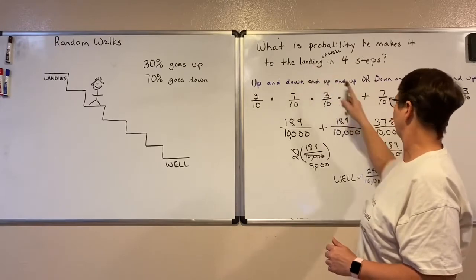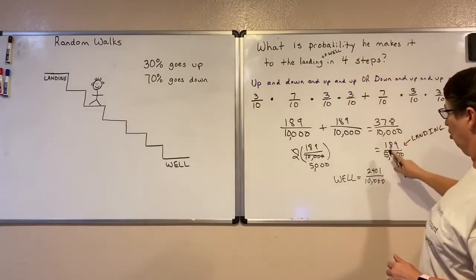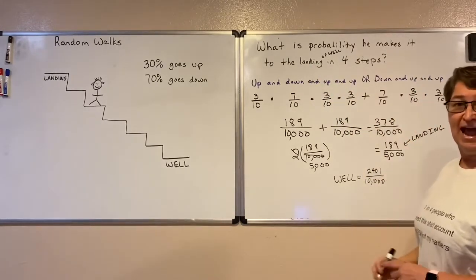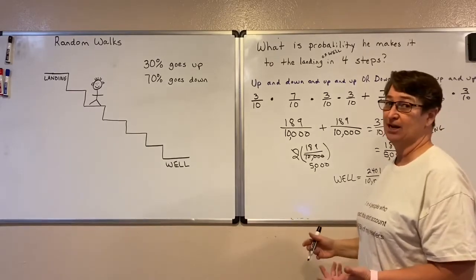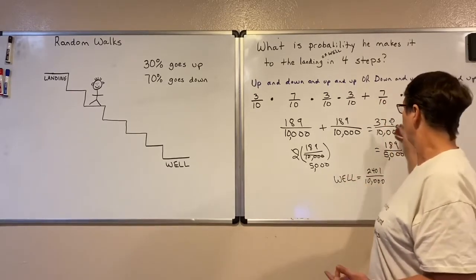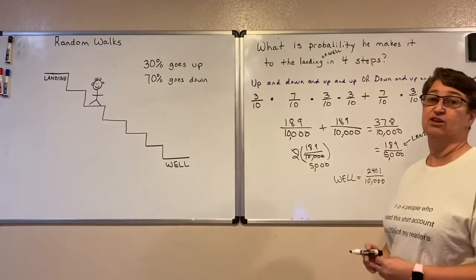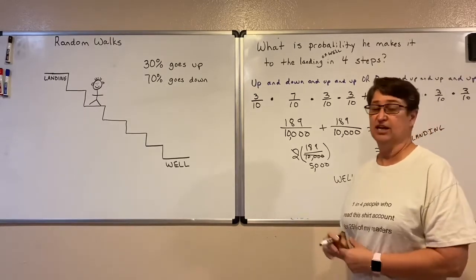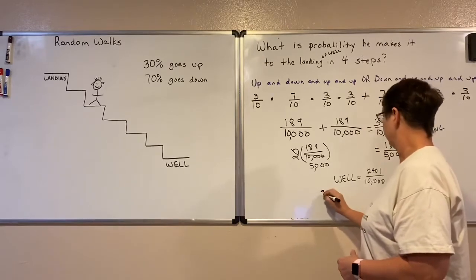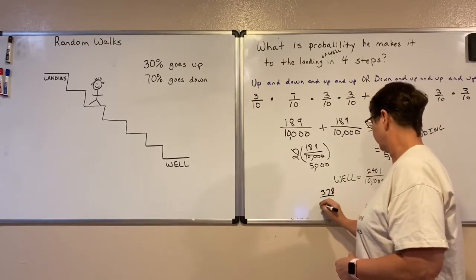So if I wanted to find out the probability he ends his exercise in 4 steps, I'd have to find this probability of landing or well. So I would take and add those together. Now I need a common denominator when I'm adding. So landing plus well would give me the probability that his exercise is done in just 4 steps.